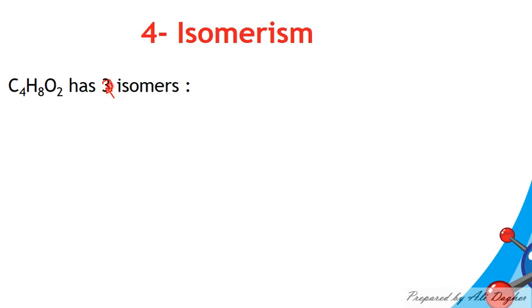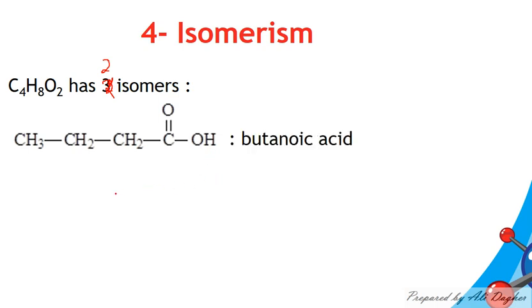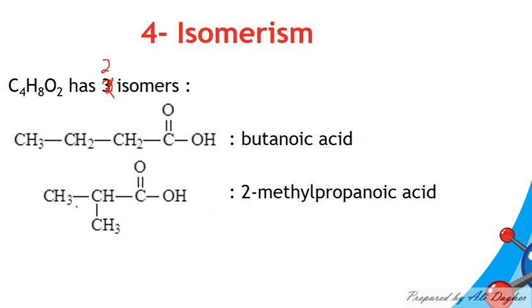Which are: first, 4 carbon atoms on the line, straight chain, which is butanoic acid, and second, we eliminate 1 carbon from the carbon chain and we make it an alkyl group on carbon number 2. The formula becomes CH3CH(CH3)C double bond O, single bond H, which is 2-methyl propanoic acid.